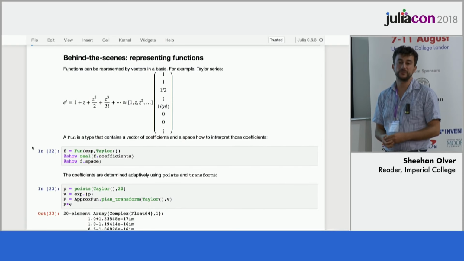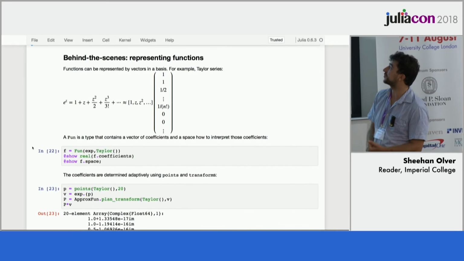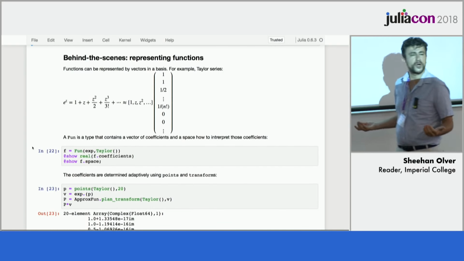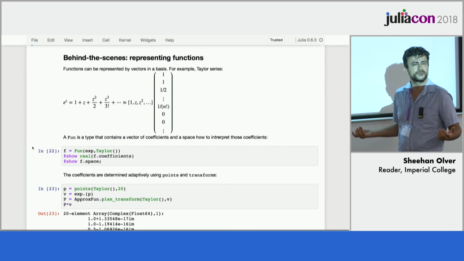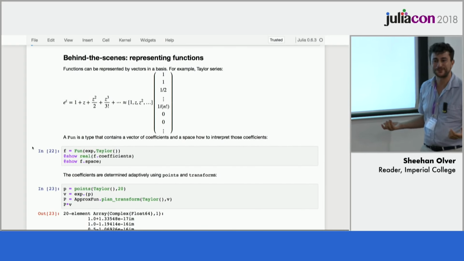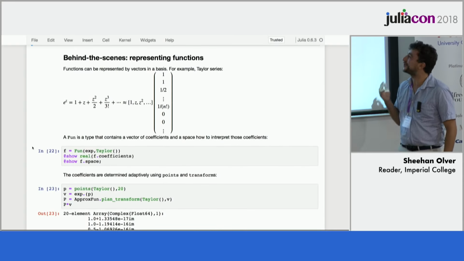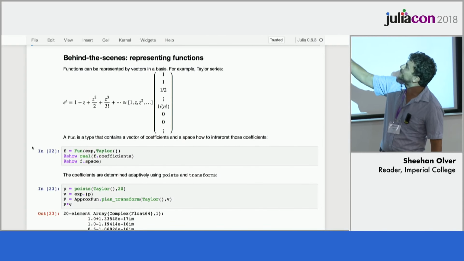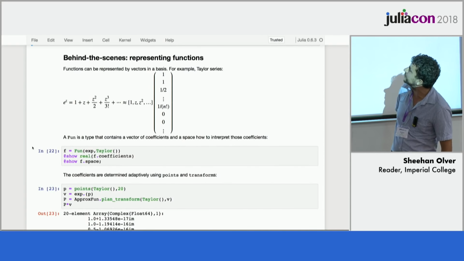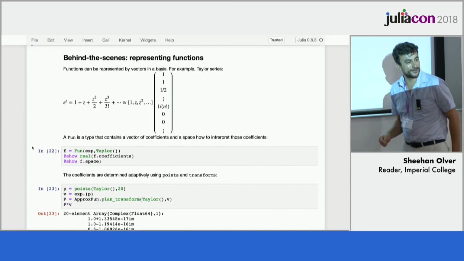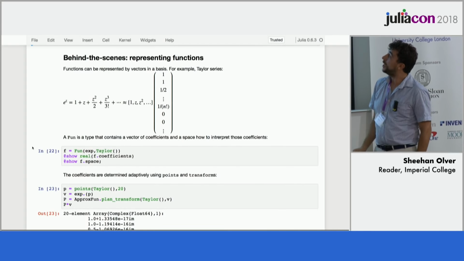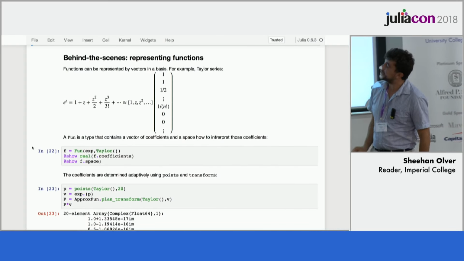So one way we do this is Taylor series. So we all know, or I hope we all know, if you don't know the Taylor series of e to the z, maybe this is not the right workshop for you. I know the Taylor series of e to the z is 1 plus z plus z squared over 2 plus z cubed over 3 factorial and so on, which we can write in this sort of vector notation.